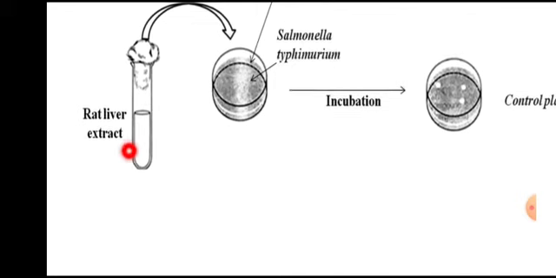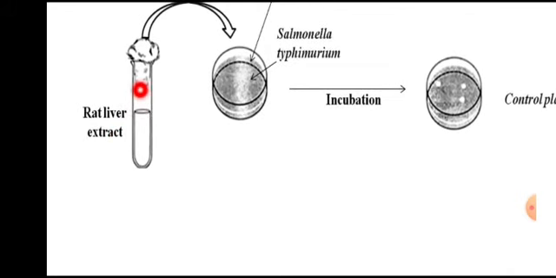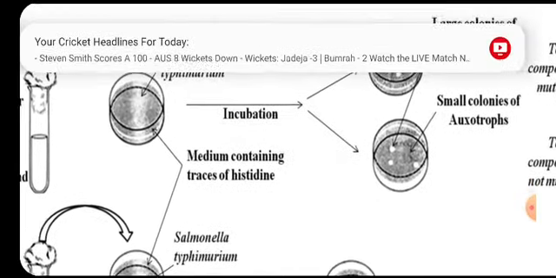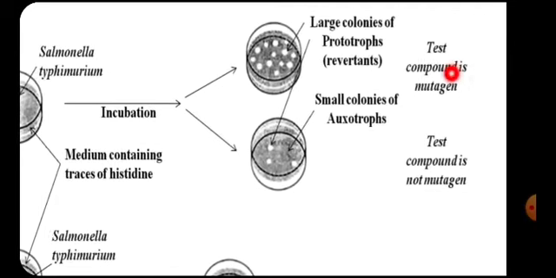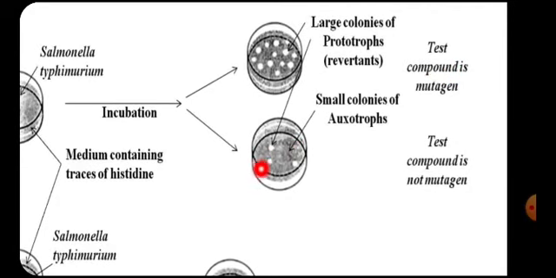Then there will be a control without test compound, that is with rat liver extract only. It is processed in a similar manner and then incubated. After incubation again we'll see these two types of results. Presence of large colonies in large number indicates that the test compound is a mutagen. There may be presence of large colonies in very small number.